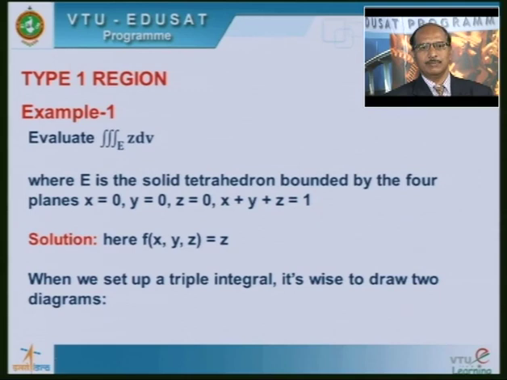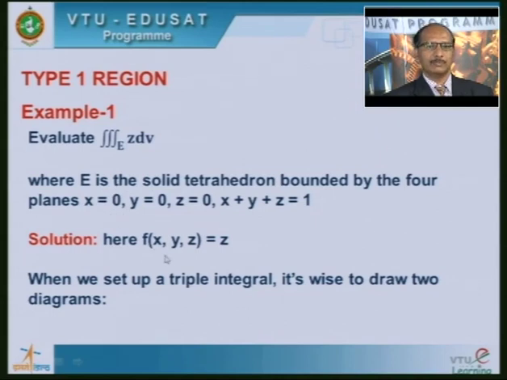Here a, b, c are 1, 1, 1. So this plane cuts the x axis at distance one, y axis at one, and z axis at one, along with the 3 coordinate planes.